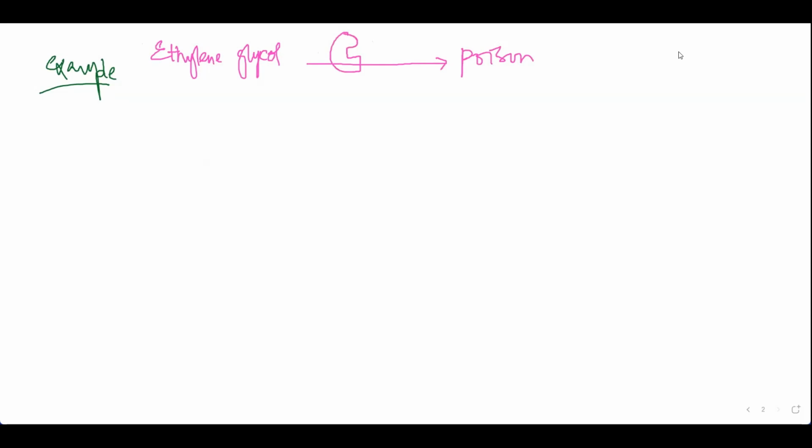But if someone has drunk ethylene glycol, how do doctors handle this? Doctors make him drink a lot of alcohol, because the shape of alcohol is similar to ethylene glycol.